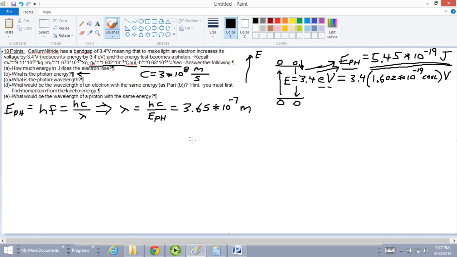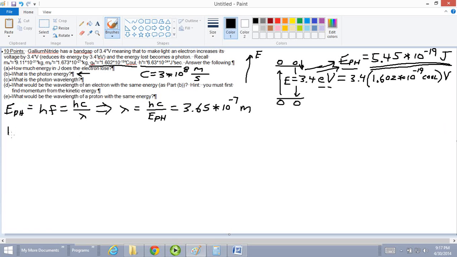It's bluer than blue. It's kind of into the ultraviolet range, real close to the top end of the visible light spectrum.